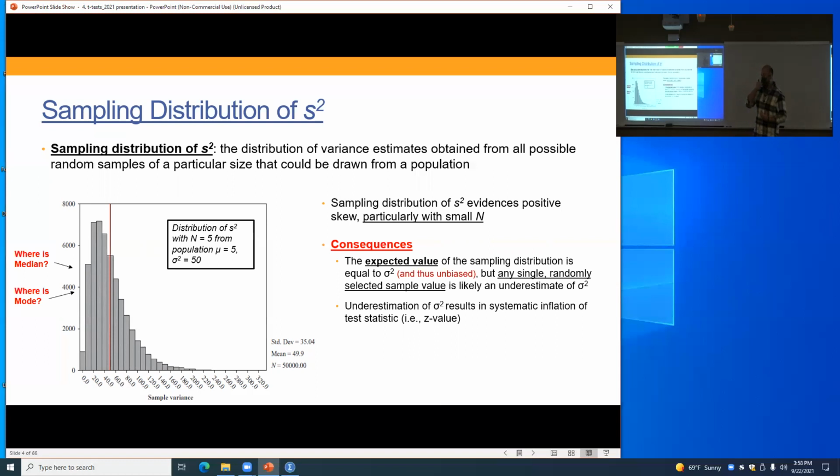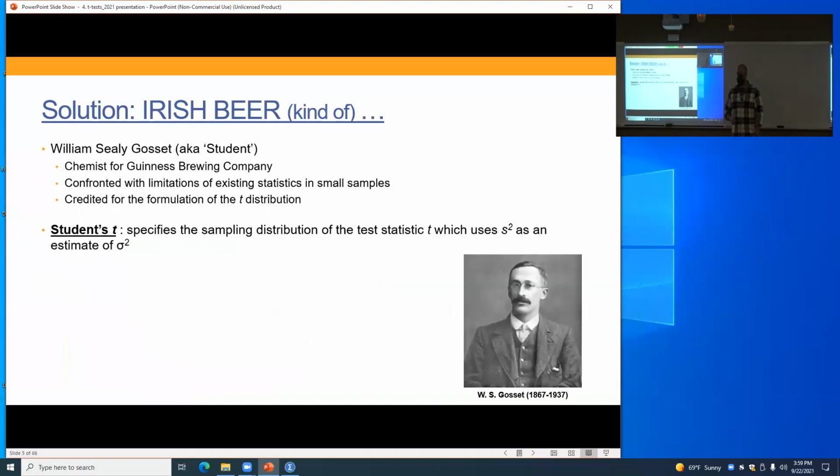So are these sampling distributions of variance always skewed, or are they just skewed when it's a small n? Yeah, as that sample starts to get bigger and bigger, it becomes less and less so. But this is where we start to go into some of the small sample work with the development of our T distributions.